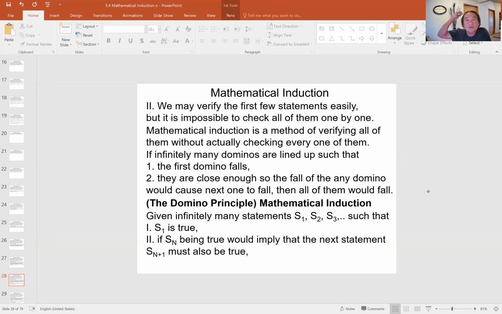And then the next thing we're going to do is prove that it doesn't matter where you are in the line of dominoes. You're going to prove that any statement that's true will cause the next statement to be true. Okay, that is the tricky part.